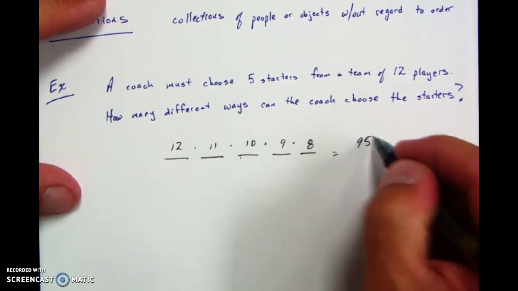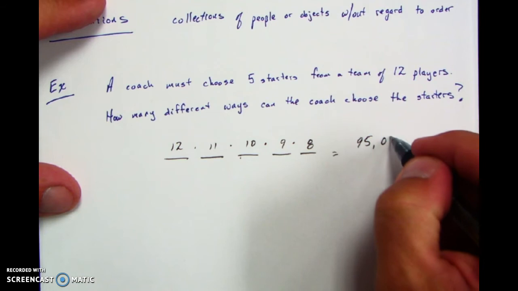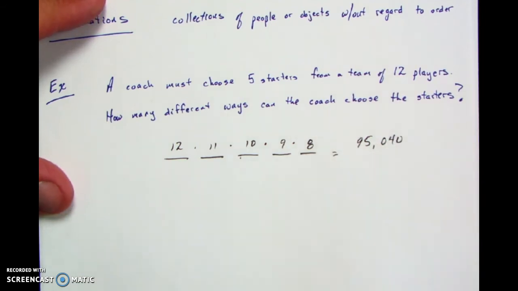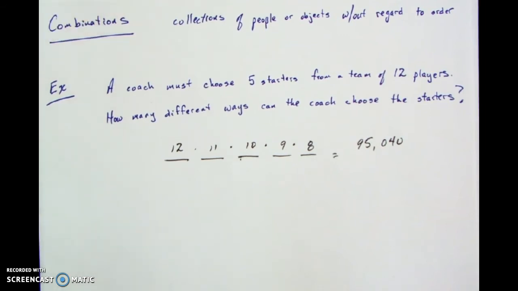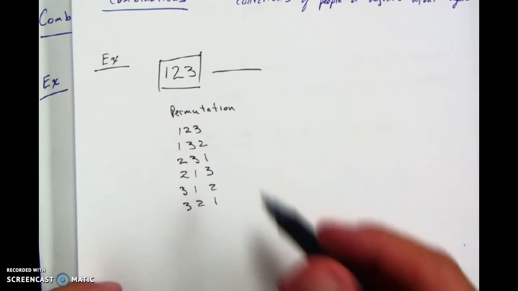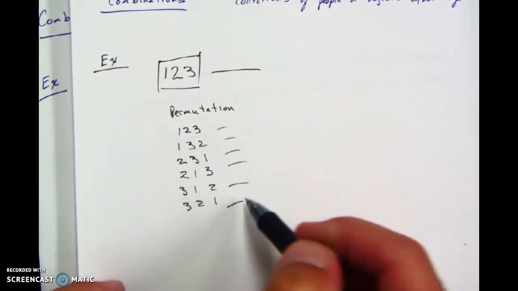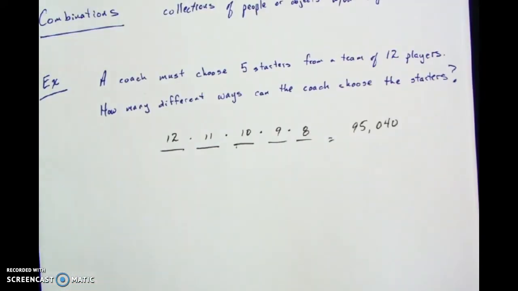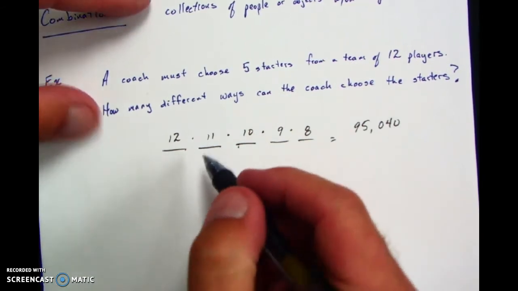That is 95,040. But that counts everything just like we showed with the permutation, where all of these different arrangements are actually the same combination.